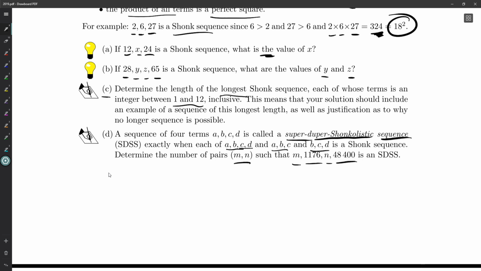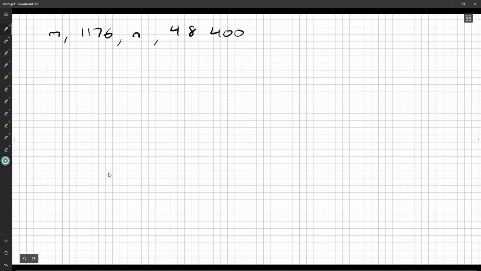Okay. Well, I think just like in Part C, we probably want to look at prime factors. Now remember, since M, 136, N, and then it was 48,400. So part of being a super-duper shonkolistic sequence is you've got to be a Shonk sequence.